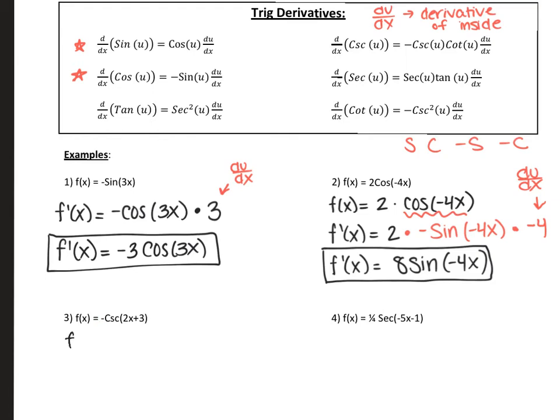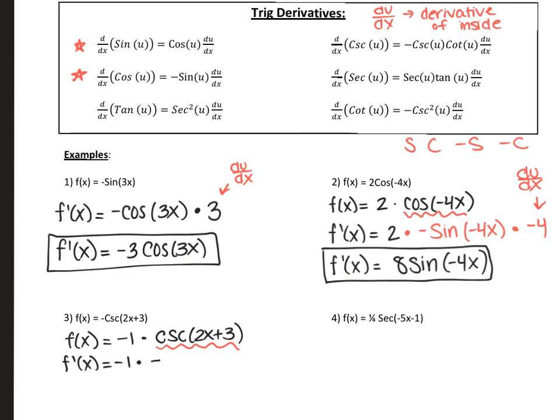We're going to first rewrite it as f of x equals negative 1 times cosecant of 2x plus 3, and take the derivative of this piece. So f prime is going to be negative 1 times, now the derivative of cosecant is negative cosecant cotangent.